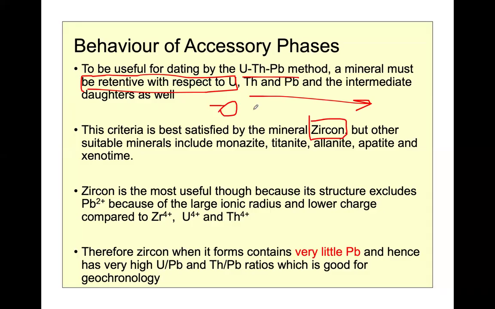Some fluid may get involved inside the zircon or some other minerals. That makes the data you are getting from this uranium lead system unrealistic. But the mineral zircon is a very robust mineral, and also resistant to weathering and other geochemical processes, even in the interior of the earth.